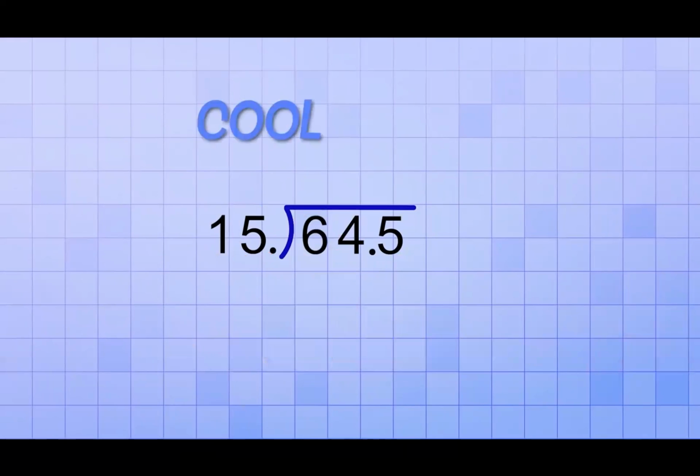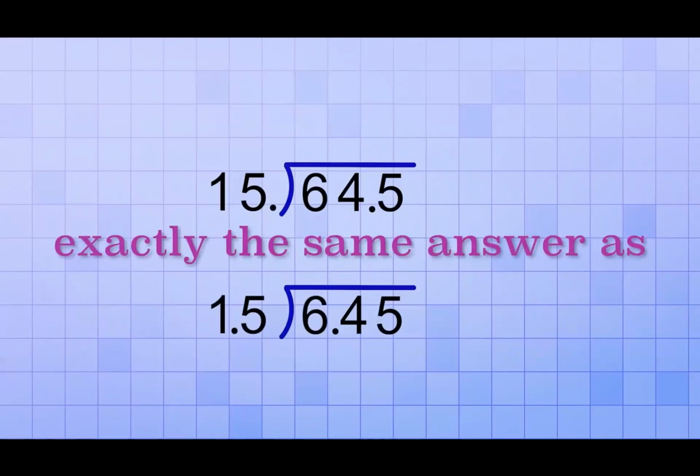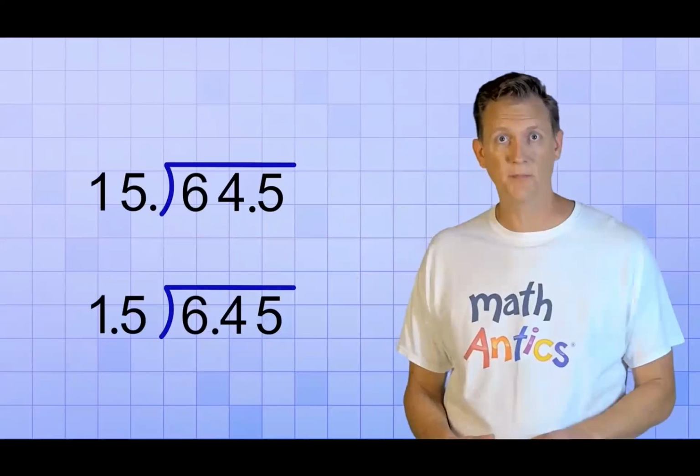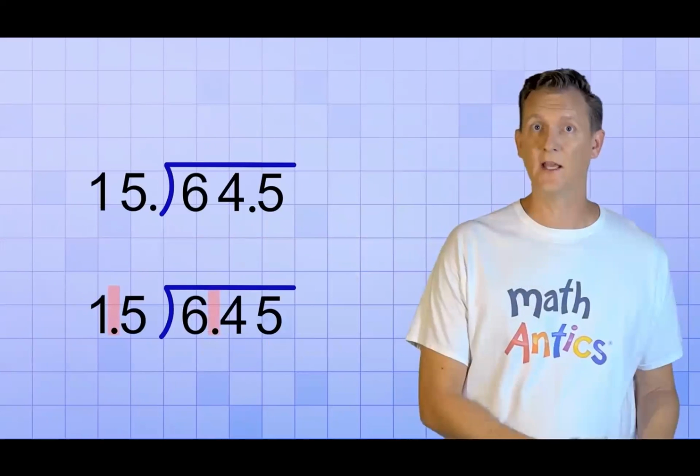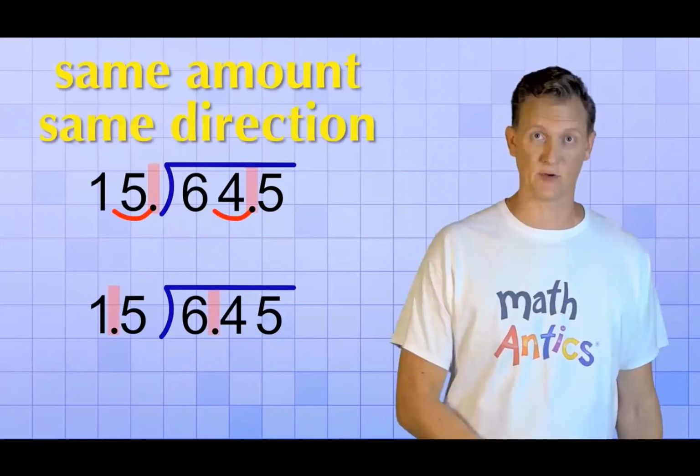And here's the really cool part. If we do this new division problem, 64.5 divided by 15, we'll get exactly the same answer we would have if we did the problem 6.45 divided by 1.5. That only works because we shifted the decimal point in the divisor and the dividend by the same amount in the same direction.